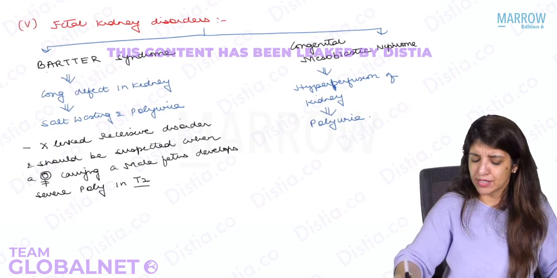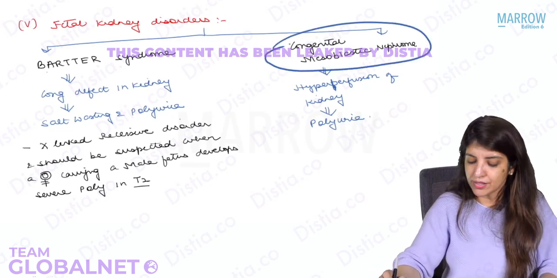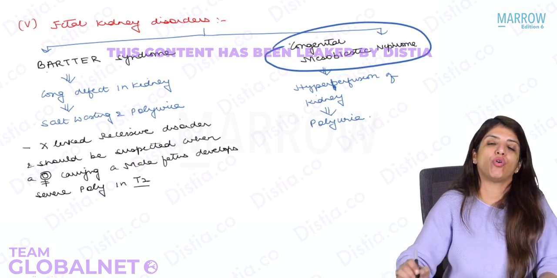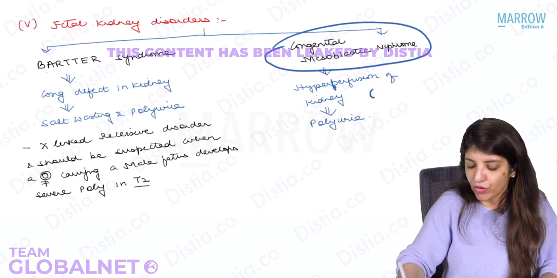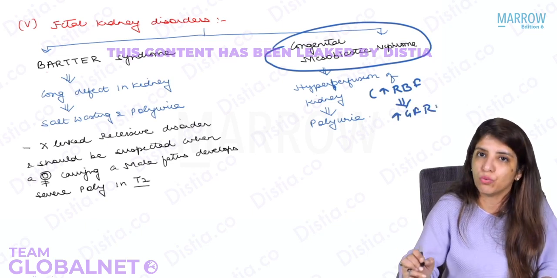The same thing happens in congenital mesoblastic nephroma. Whenever there is a congenital mesoblastic nephroma, there is hyperperfusion of the kidneys, and because of increased renal blood flow, there is increased GFR. In other words, there is polyuria.